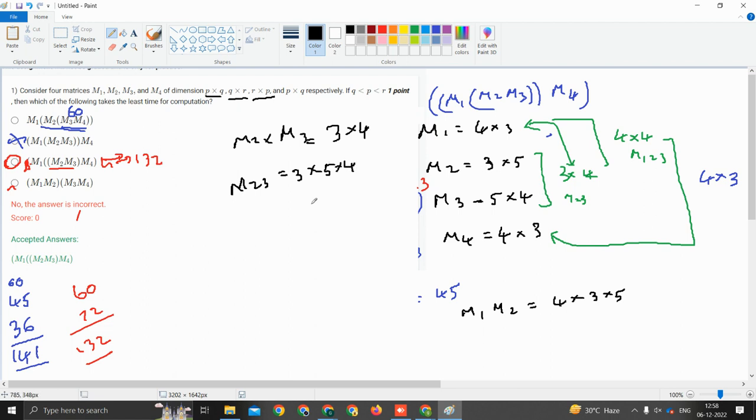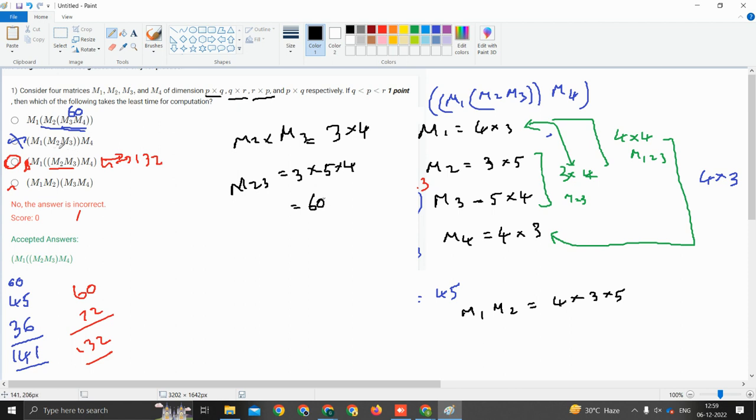If you multiply this, what do you get? 60. Very good. So for M23, you got 60. Let's say that we are taking this second option. M23 we have calculated, which comes up to 60.